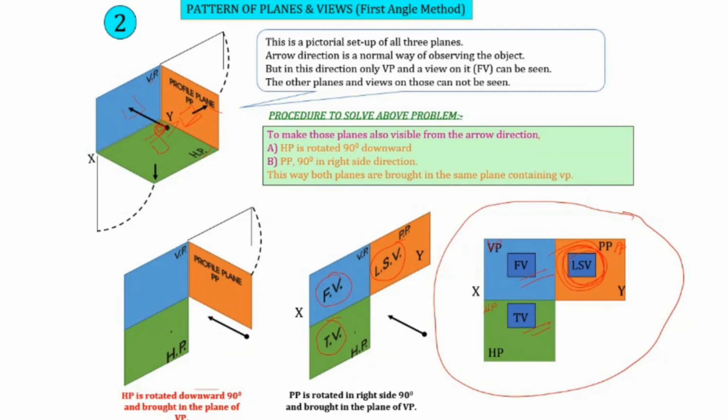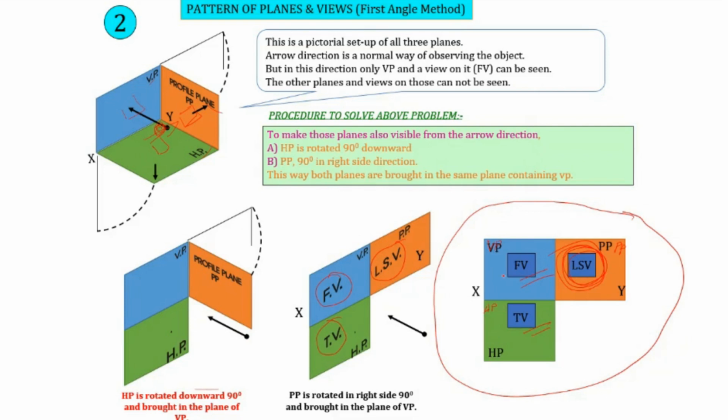So this is the arrangement of the different views in first angle projection. That is, the front view will be above the XY line, the top view will be below the XY line, and the left side view will also be above the XY line, but towards the right of the front view.